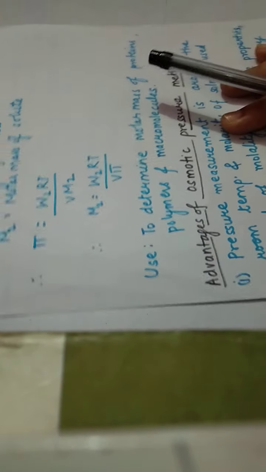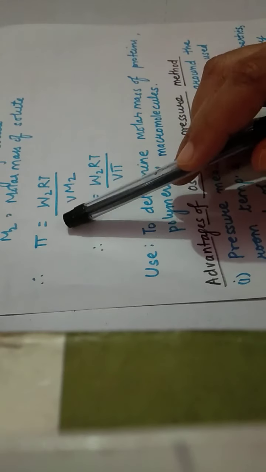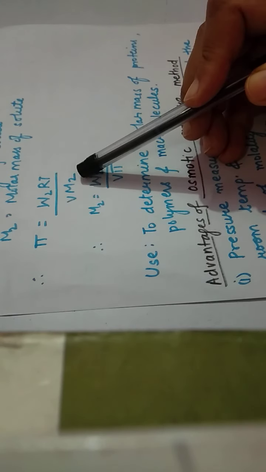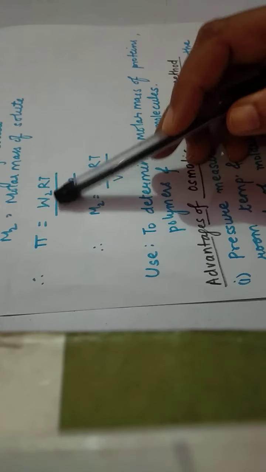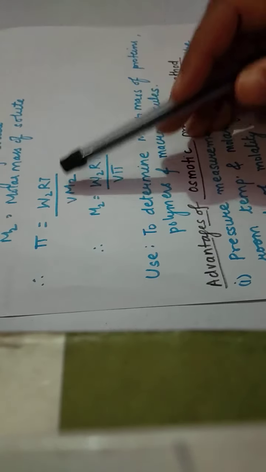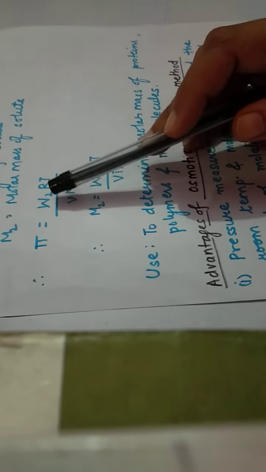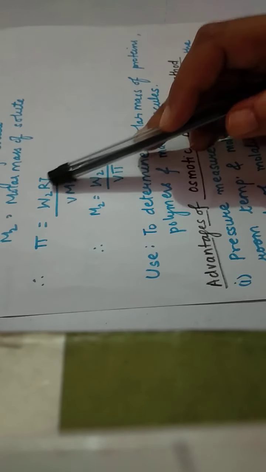On putting the values, we get pi = W2RT upon VM2. Here, W2 upon M2 is n2, and n2 upon V is C, so it is CRT. This is how we have put the value of C in this equation: pi = (W2 upon VM2) RT.